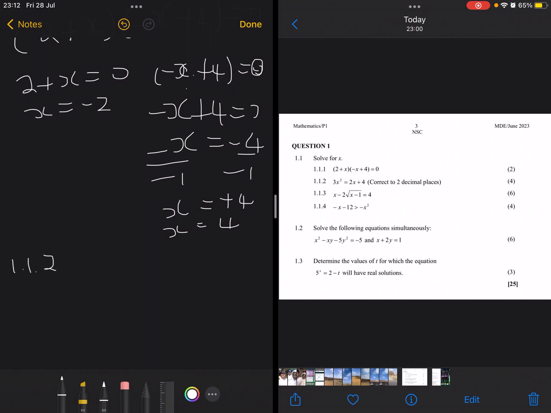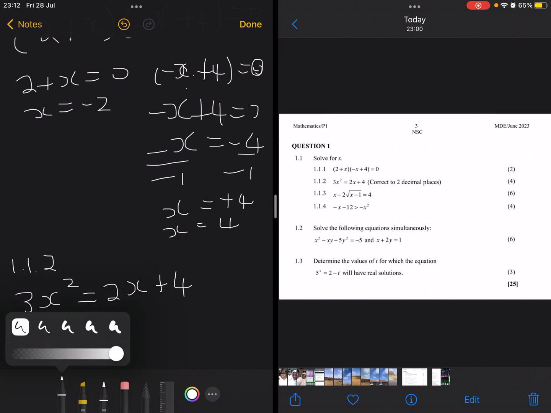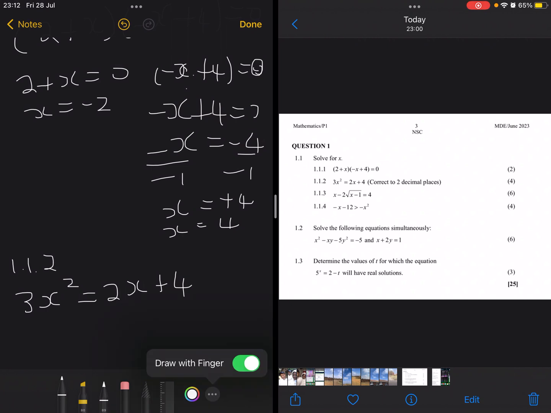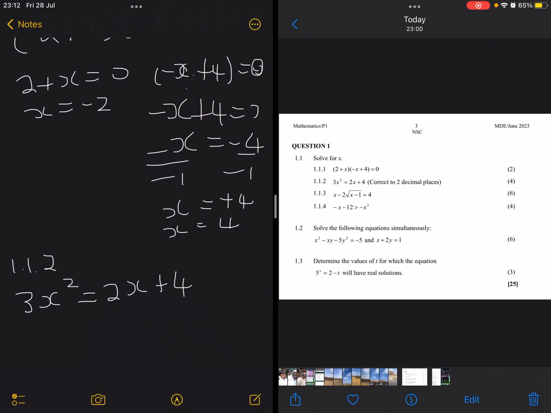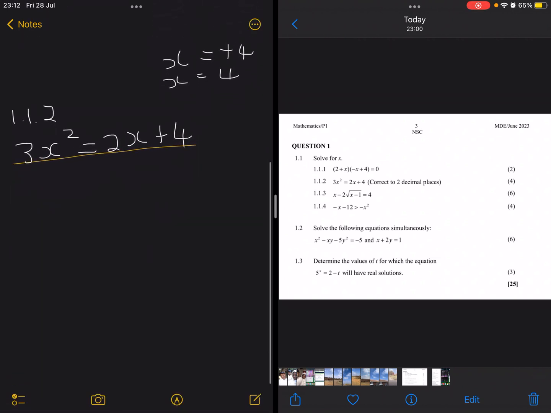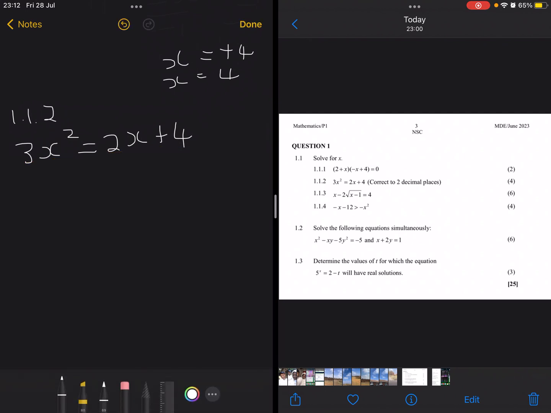Now 1.1.2 is a quadratic equation that is not in standard form. So we always say the moment you see correct to 2 decimal places, you know that whatever quadratic equation you have, you must use the quadratic formula.